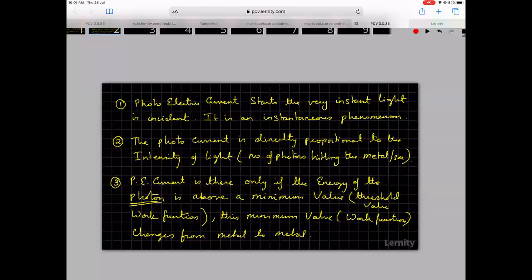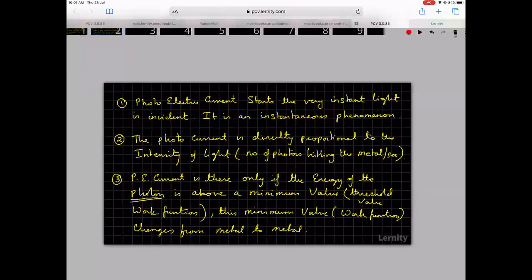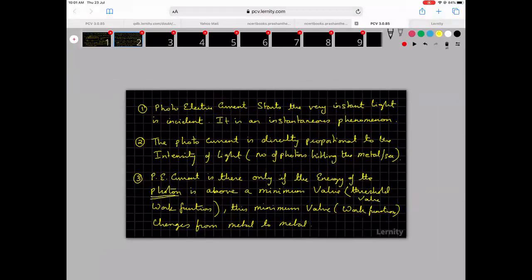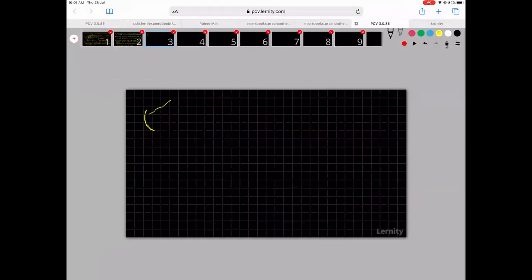So I'll explain again. Here there was a metal surface. Light is incident.